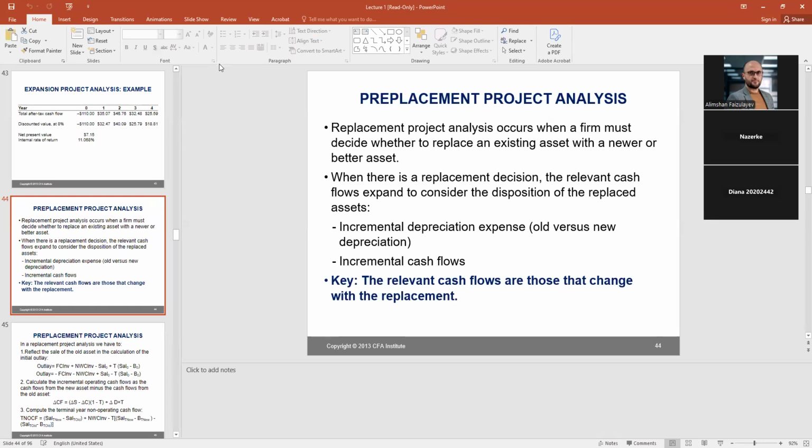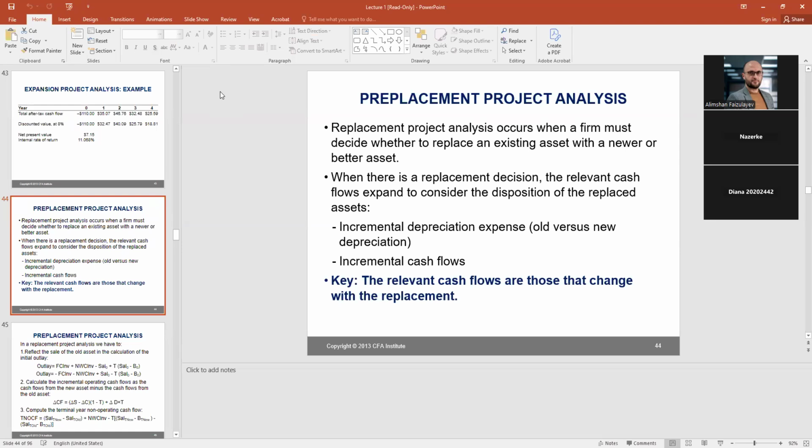Replacement project analysis will take place when the firm decides to replace the existing equipment because it's old, because it doesn't provide efficiency in terms of cost, in terms of boosting the sales. There are many reasons that could be behind this, but the company has decided to change it with new and better equipment.